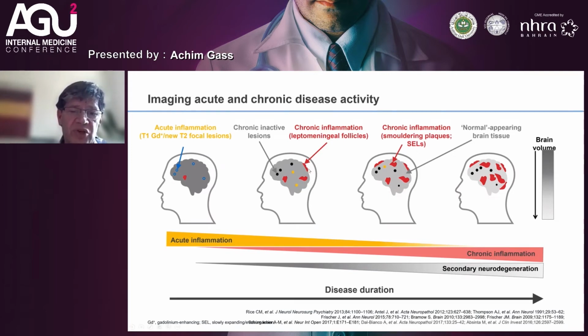This can be on the surface of the brain, particularly in long-standing MS, where you can see leptomeningeal follicles, but it can also be in the situation where you have chronically slowly expanding lesions that I will show. And if you have such features of some chronic inflammation going on besides acute inflammation, then of course there is a higher likelihood for progression and worsening of the disease, even in the absence of an acute relapse.